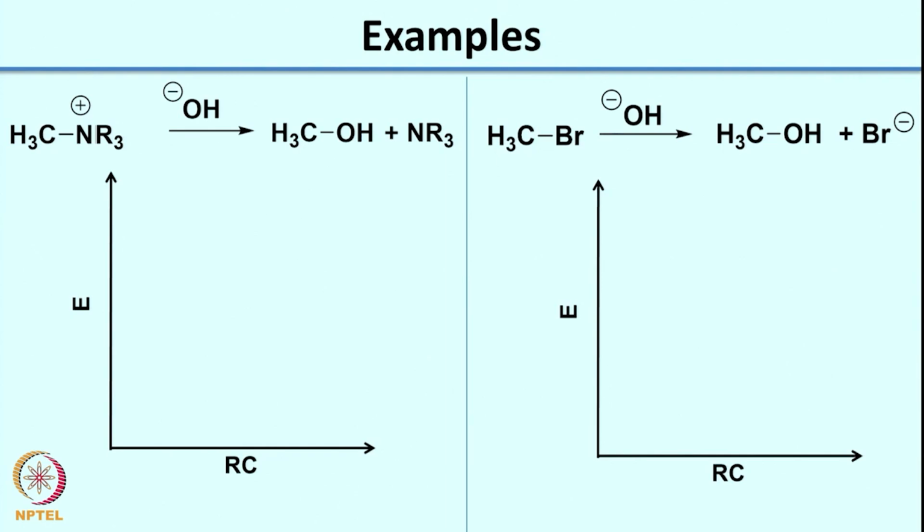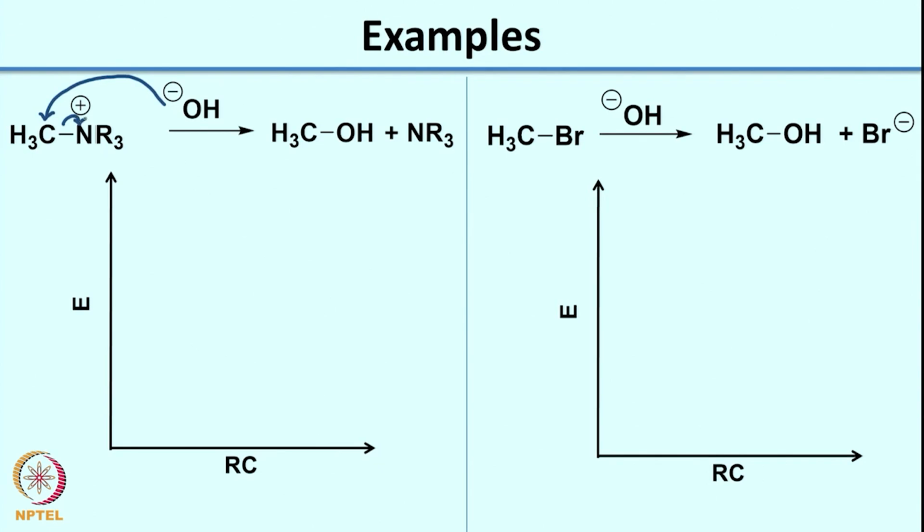So, let us check. In the first case, your reactants are two charged species, right. I have a charged amine and a hydroxide, and what is the mechanism here? The mechanism is that you have the hydroxide coming here and then the amine going.